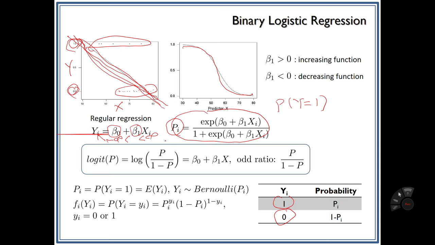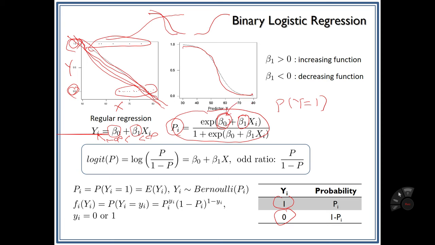By this formula, we can draw an S-shaped curve, and here beta 0 and beta 1, by controlling these two things, we can draw this kind of S-shaped curve, or this kind, and a flat S-shaped curve.